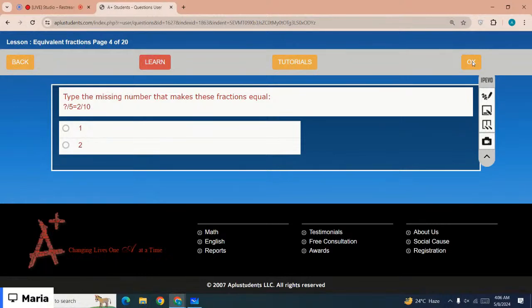Type the missing number that makes these fractions equal. So which number is missing?